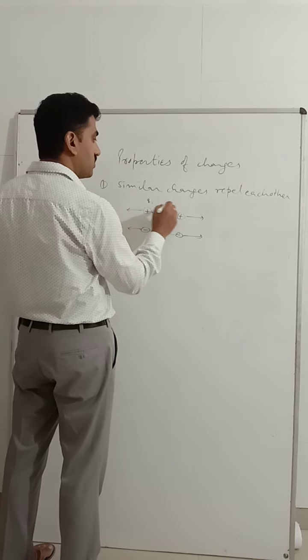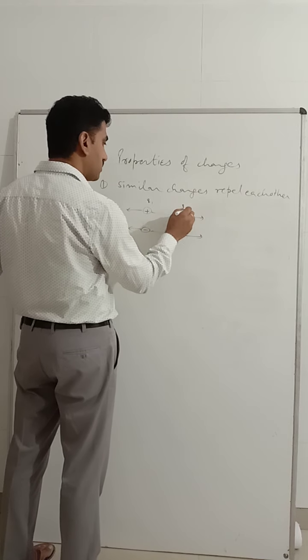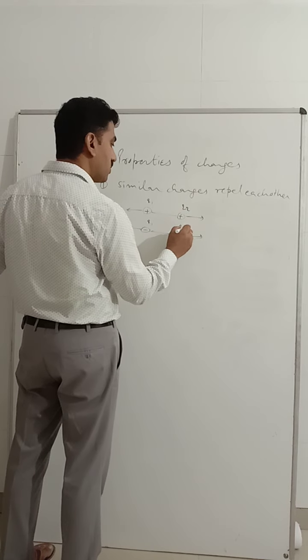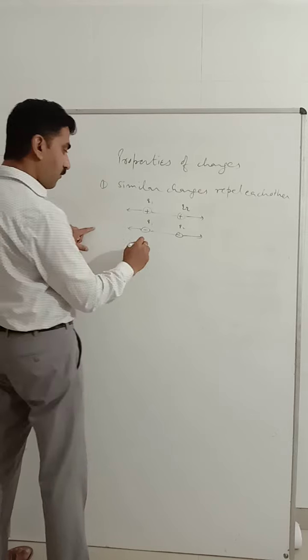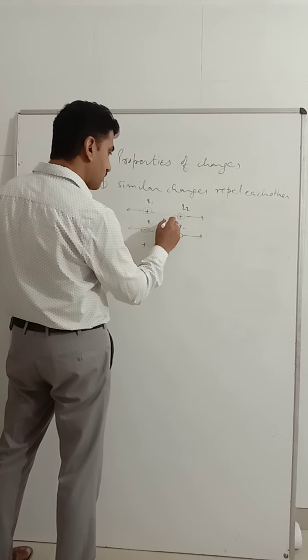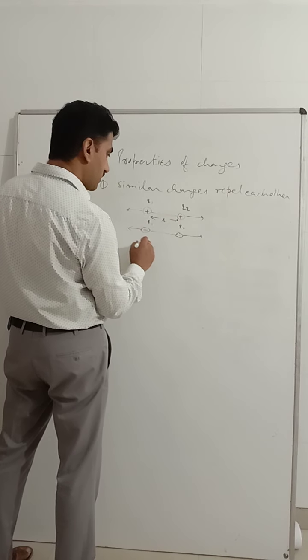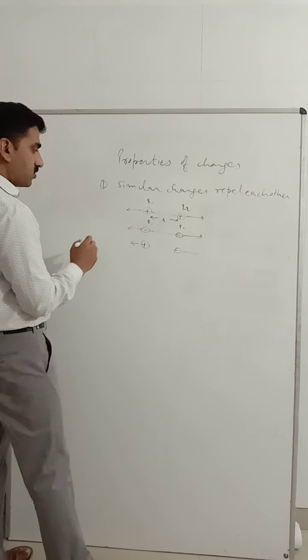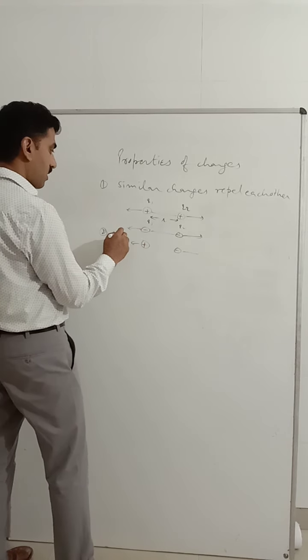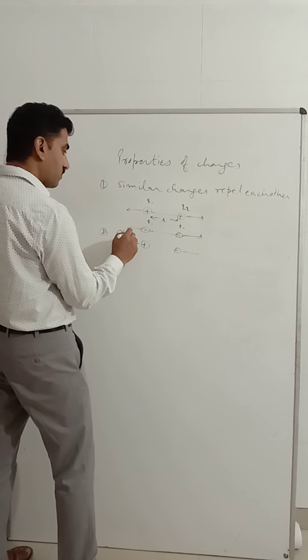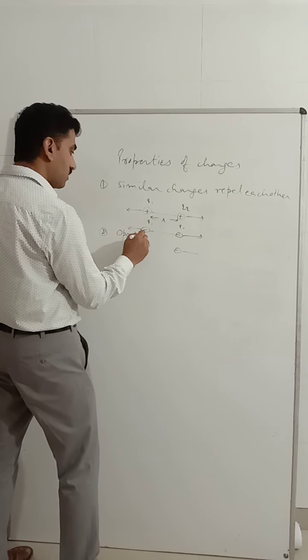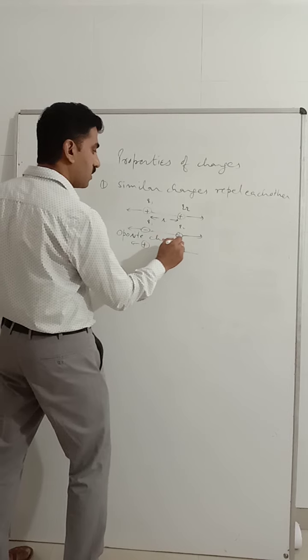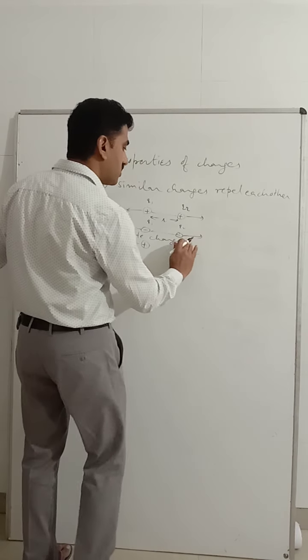So suppose this is Q1 charge and this is your Q2 charge, and R is the distance between them. If one is positive and the other is negative, then the equation changes and we say opposite charges attract each other.